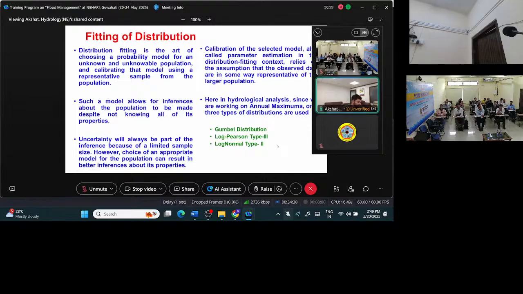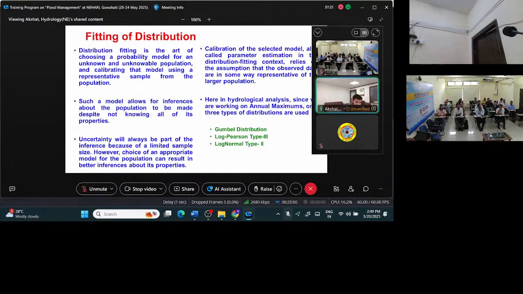After testing of data, we need to see the fitting of distribution. Distribution fitting is the art of choosing a probability model for an unknown and unknowable population. We cannot know the whole population, but we know the sample.